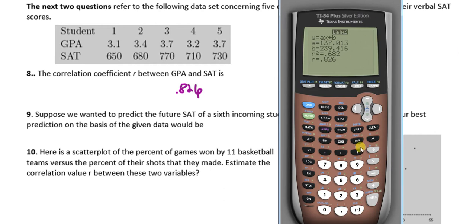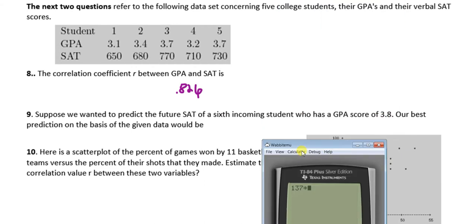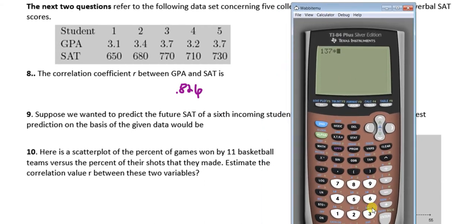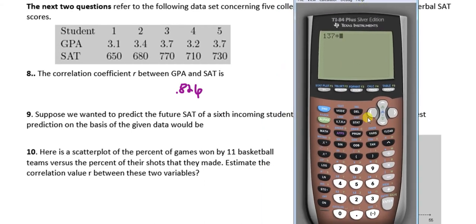So you can store the line like I did and look it up in the table, but the other way, just do it on your calculator and do 137 times x, so we're wondering about 3.8 GPA, times 3.8 plus 239.4.